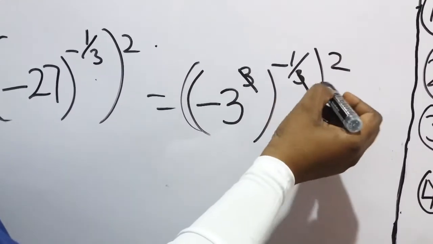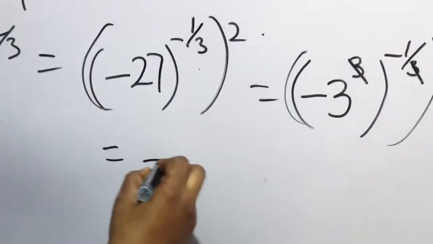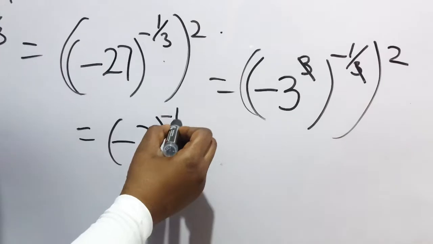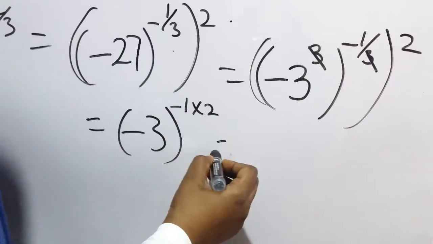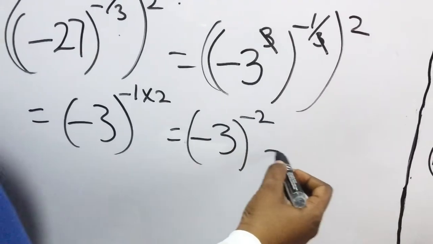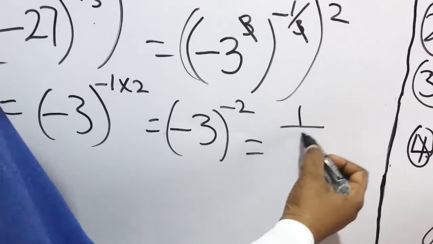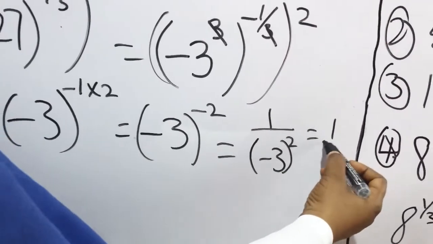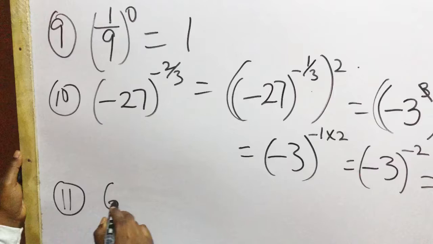This 3 will cancel this 3. So minus 3 raised to the power of minus 1 multiplied by 2 will be equal to minus 3 raised to the power of minus 2. And that will be equal to 1 over minus 3 squared, which is equal to 1 over 9.